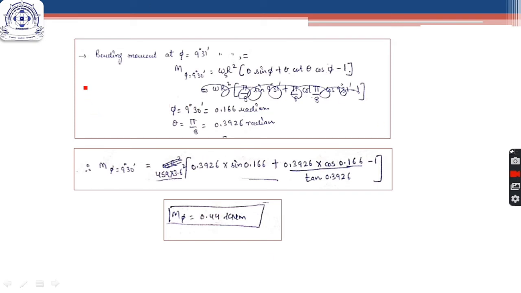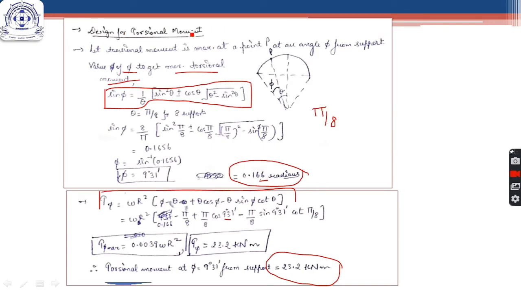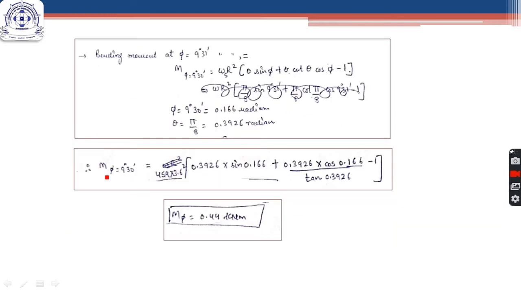Now we will design the torsional reinforcement in the same way as you must have studied in the design of RCC structures part 1, when we studied the limit state of torsion, where we designed the torsional reinforcement. Whenever we are considering torsional moments, we have to find the equivalent bending moment, which is the combination of torsional moment and bending moment at that point.